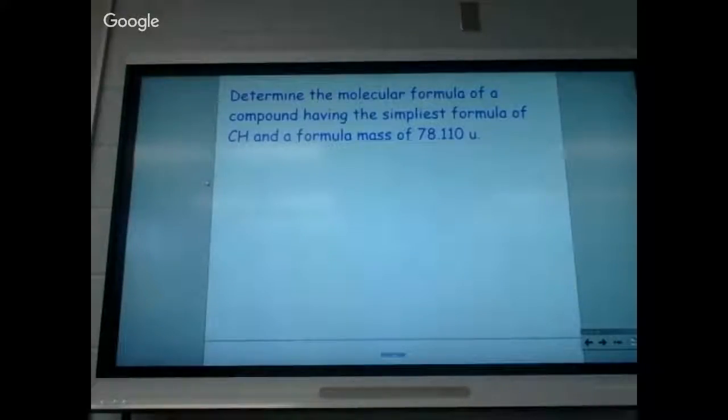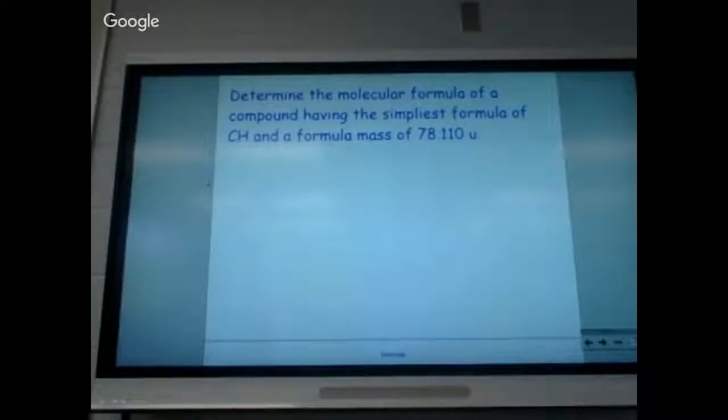Does simplest mean empirical? Yes, it does. Simplest is another way to say empirical, because remember, empirical was in lowest terms.